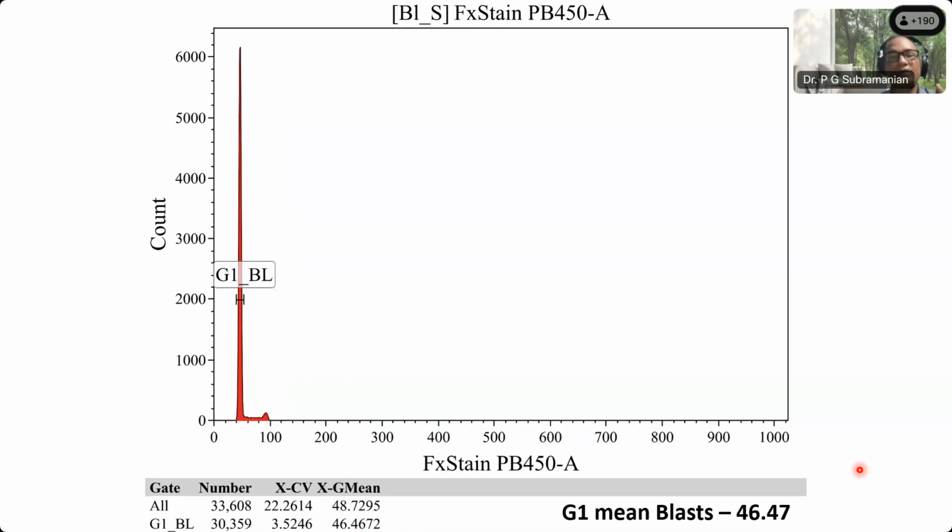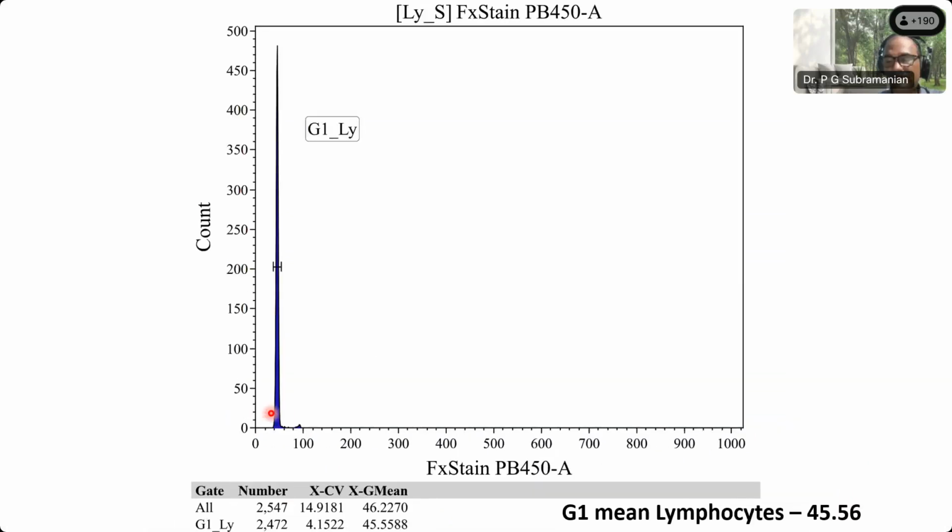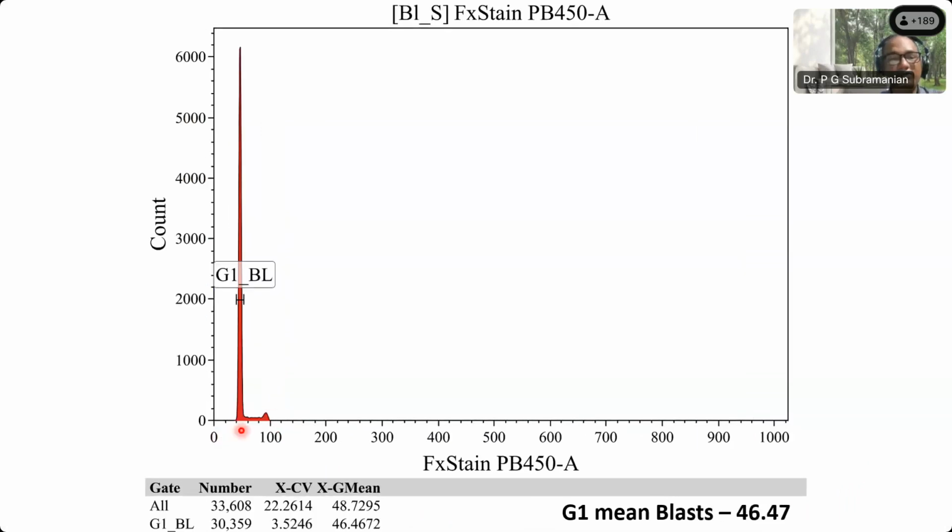Similarly, for the G1 mean of blasts, you can see the proportion of S phase and G2 is higher in the tumor than in normal cells, which are not growing much, the normal lymphocytes. There is more S phase and G2 phase in the tumor. So the tumor G1 peak is 46.61.